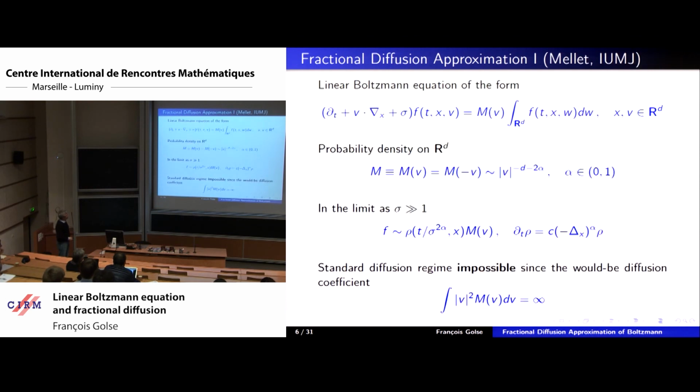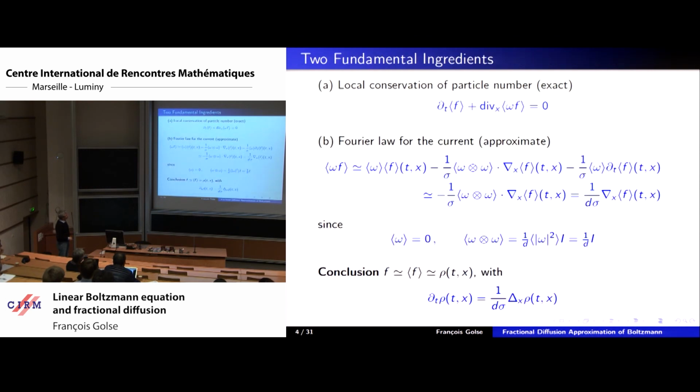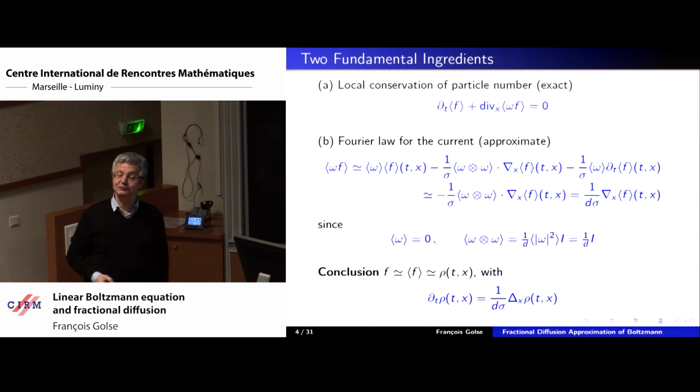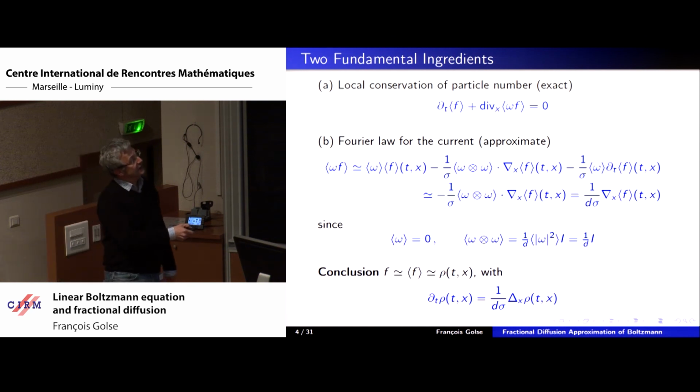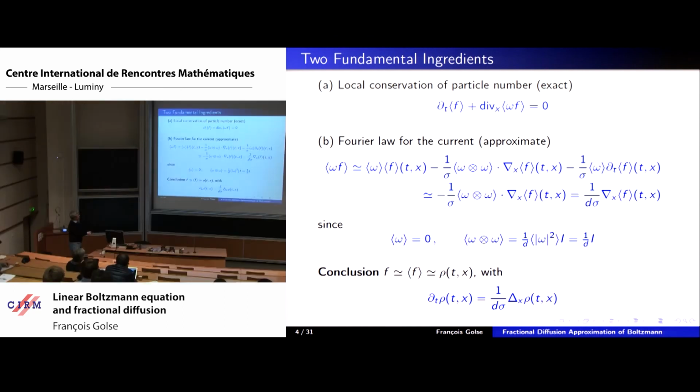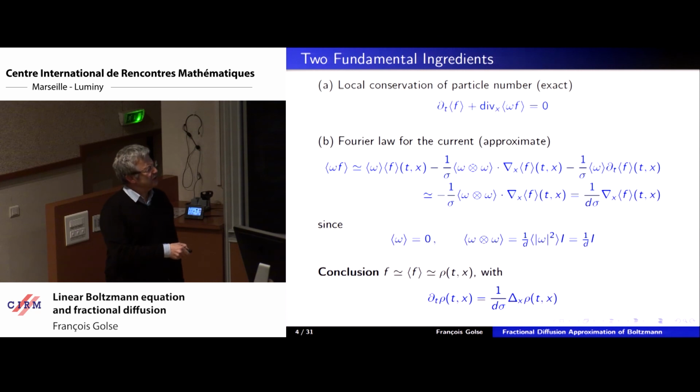If you look at the standard diffusion equation, the standard way you derive a diffusion approximation from the linear Boltzmann equation, you see that here the diffusion coefficient is 1 over d times sigma, right? And sigma is the scattering rate. Because sigma is a constant, it's outside the Laplacian, right?